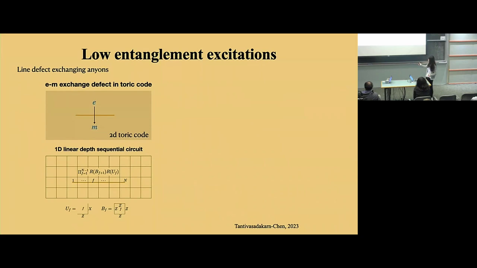In each step, you apply this local gate in a sequential way along this line to get a line defect, and in each step you only act on some plaquettes. And then you can find that if you have an E anyon, the E line going through will become the X line, and it becomes an M type.